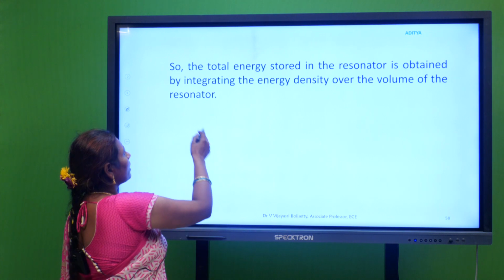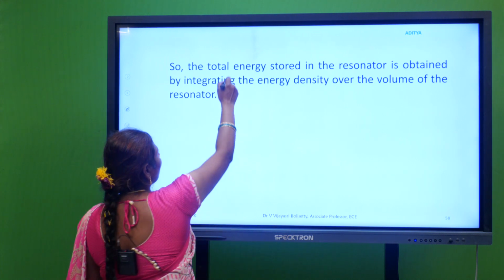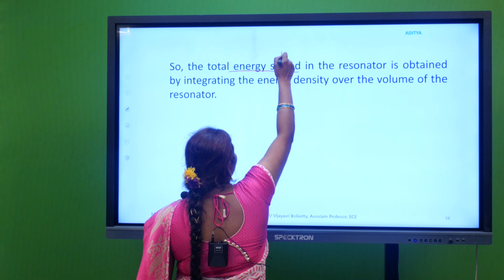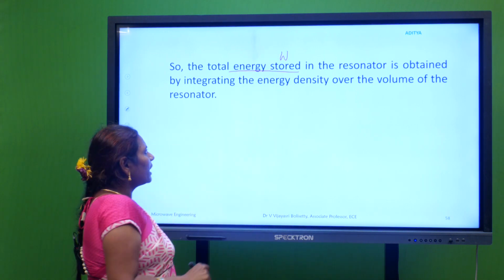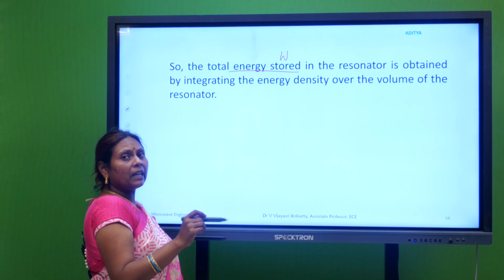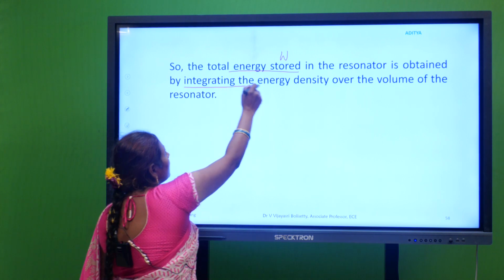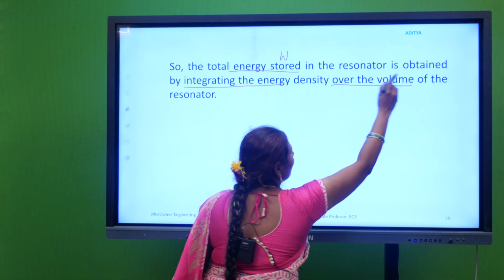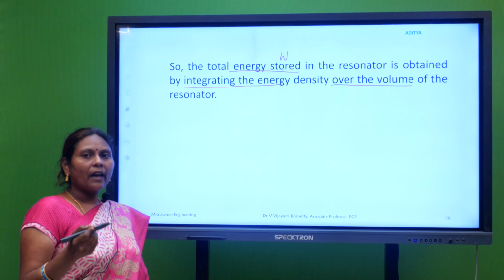First let us define the total energy stored, that means we are going to derive W. To get this W we need to integrate the energy over the volume of the cavity resonator.